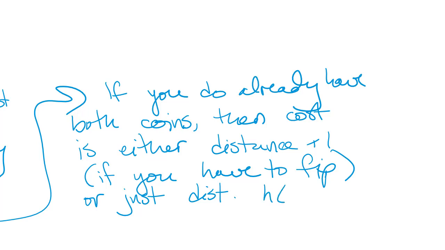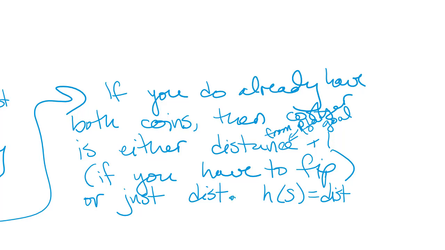The heuristic of s equals the distance, I should say distance to goal, from player. If you said this without all these extra little bits, it would be fine. But it is either distance from player to goal plus 1 if you have to flip, or just distance.